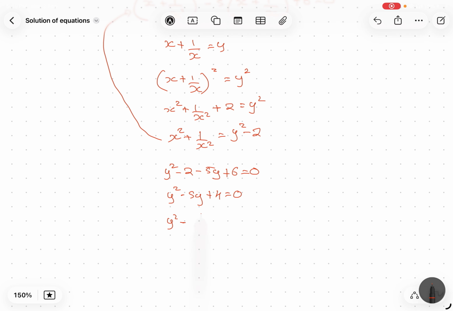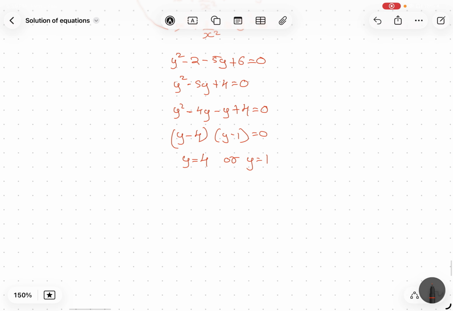Let me solve it to find the roots of the equation. So that would be y minus 4 and y minus 1 equals to 0. So I get y equals to 4 or y equals to 1.